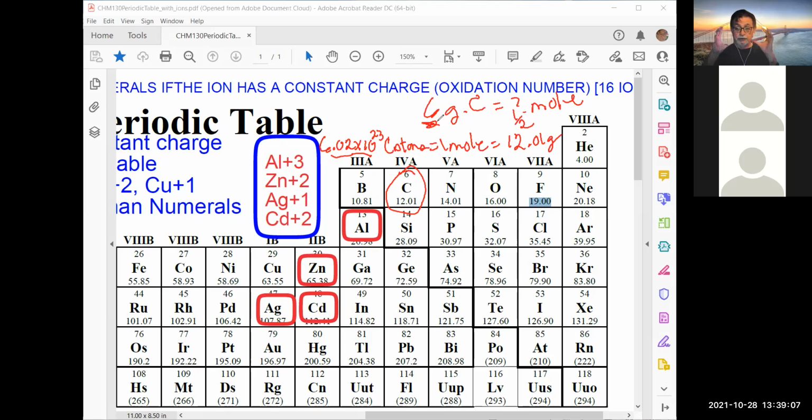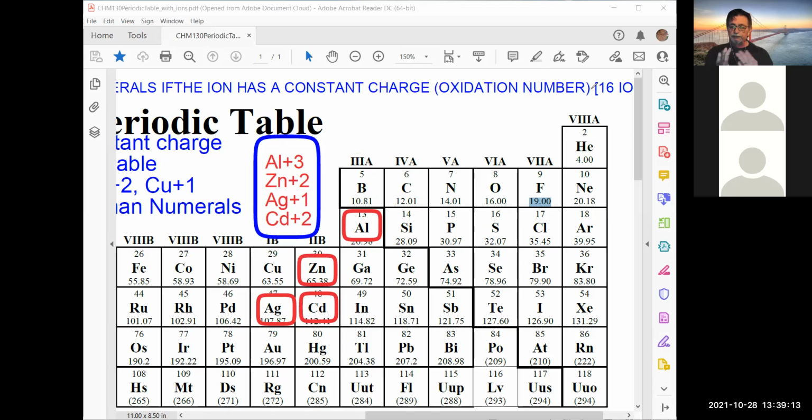Okay, all right, good. So let's move on, because the takeaway from this, besides trying to show you about that big giant number, is that the atomic weights of all these 118 elements have the units of grams per mole.